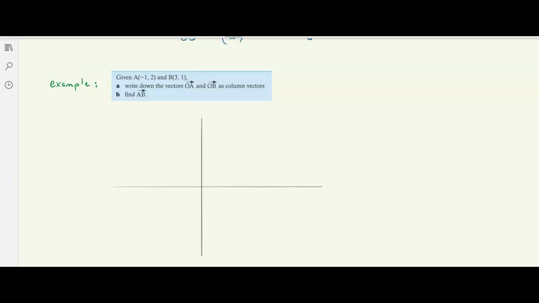So this is O here at the origin. So OA is 1 to the left and 2 up. So we would say that that is the point A there. And then B is 3, 1. So we'd go 1, 2, 3, and 1 up to find the position of B here. So B is over, A is here, and we could draw lines to those and the vectors.